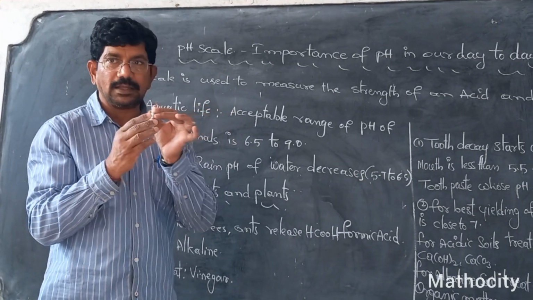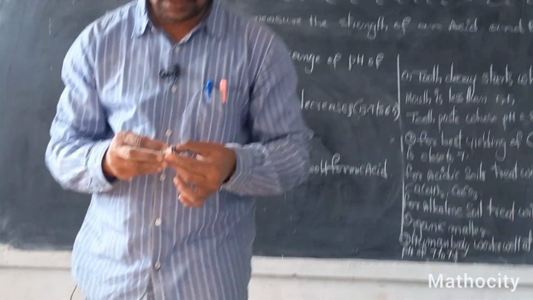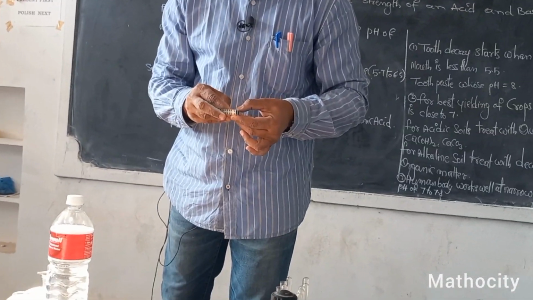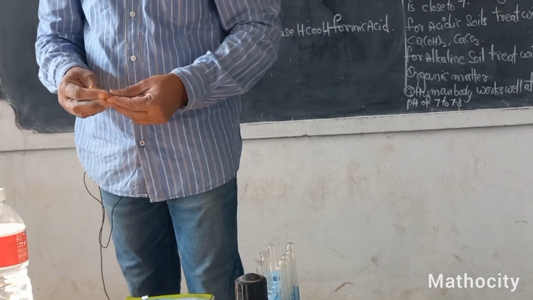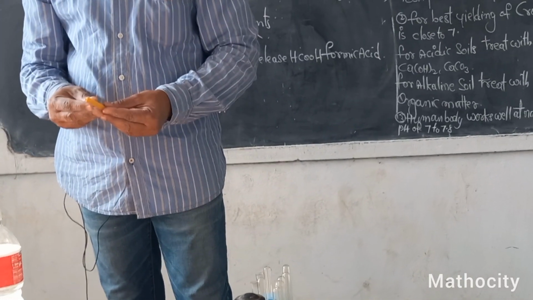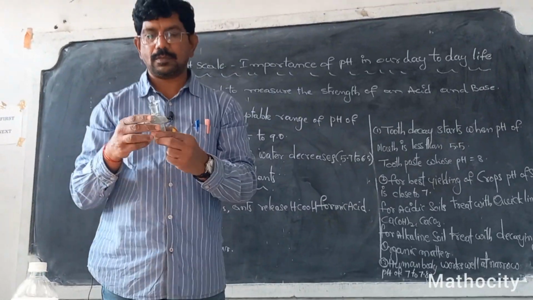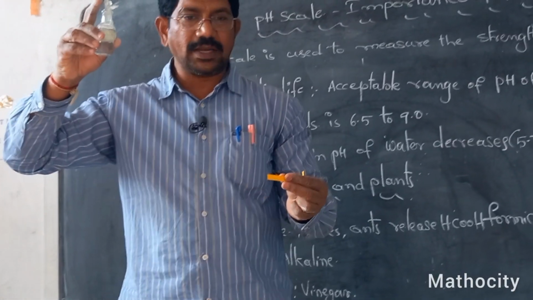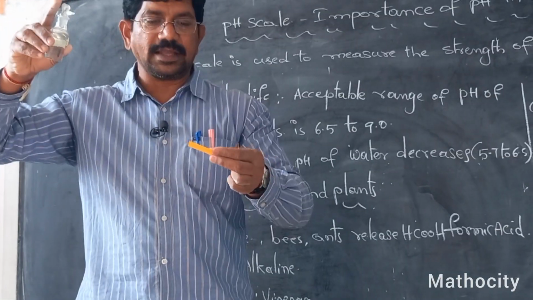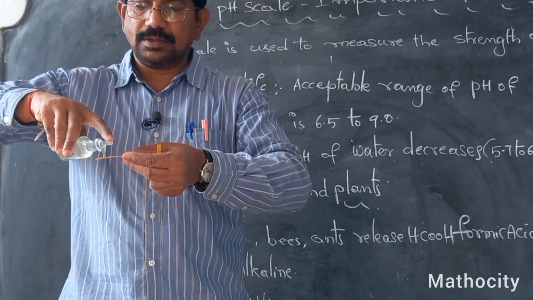Shall we test with the universal pH paper? We have a few solutions with us. This is acetic acid, which is a weak acid. I am testing with acetic acid.